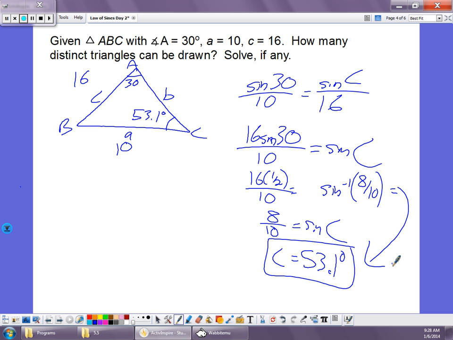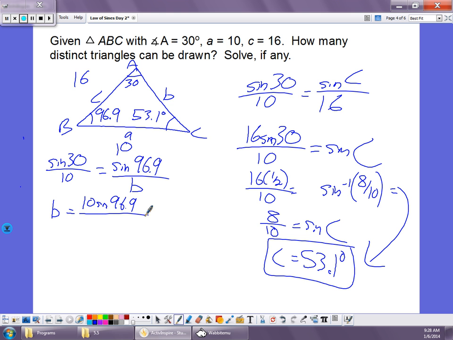All right, so what would that make angle B? 96.9. Okay. So now you could solve for side B, correct? So again, this gets kind of repetitive. Sine 30 over 10 equals sine of 96.9 over B. So you cross multiply, divide, you end up with B equals 10 sine 96.9 over sine 30.